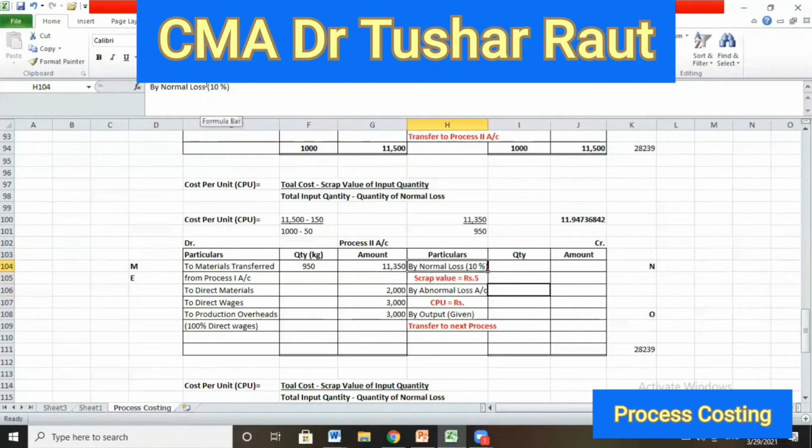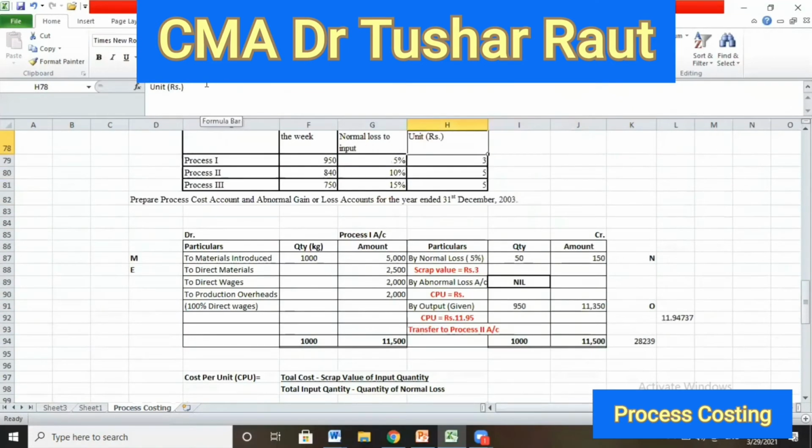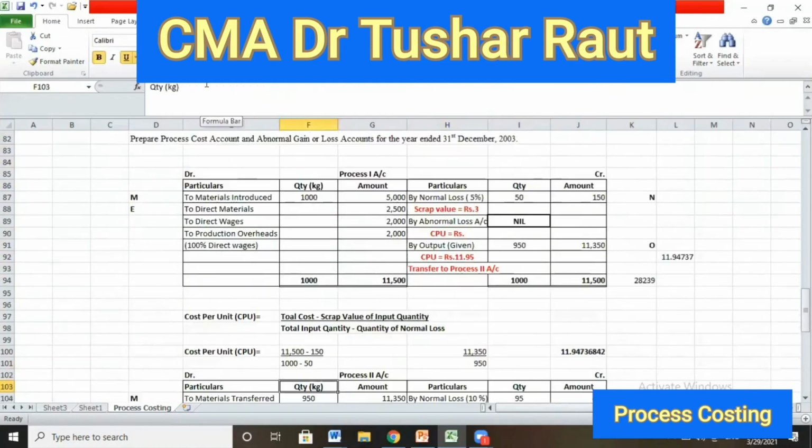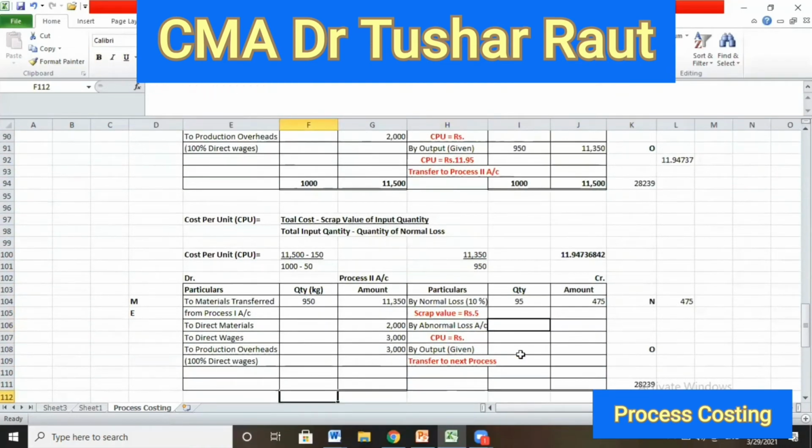So 10% of 950 will be 95, and 95 multiplied by rupees 5 will be 475. So this is your scrap value of normal loss. We don't know about abnormal first. We'll go for the output, which is 840. Output is given as 840. So we need to understand the concept.